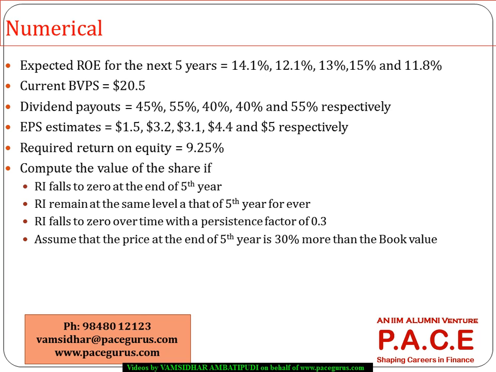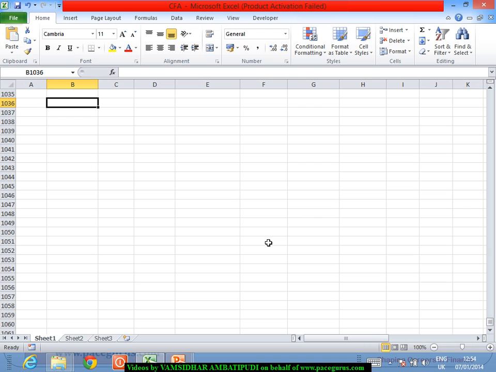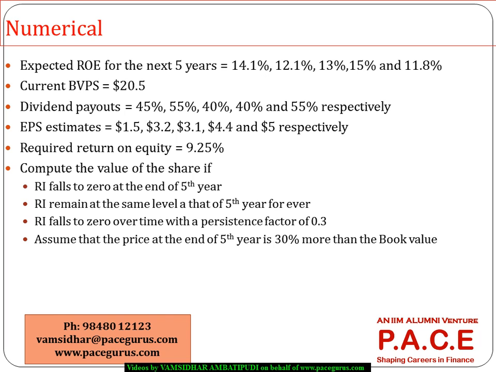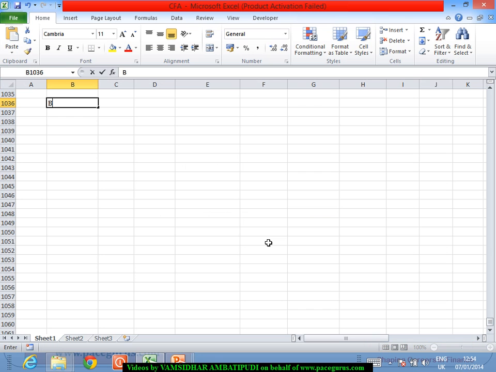Okay, so basically, if I have to continue the same logic, we have to start with the current BVPS. We'll take year 0, year 1, year 2, year 3, year 4 and year 5, right?